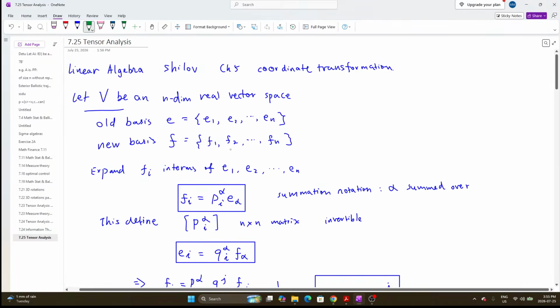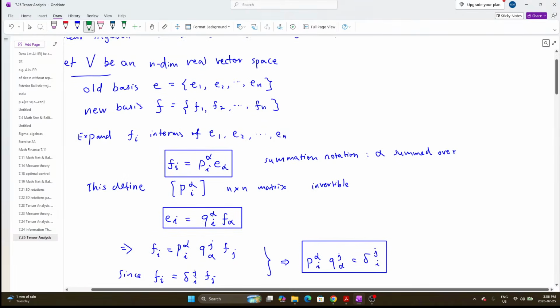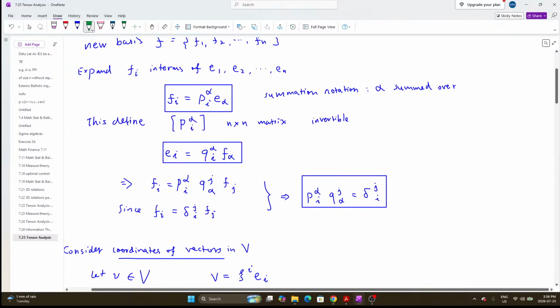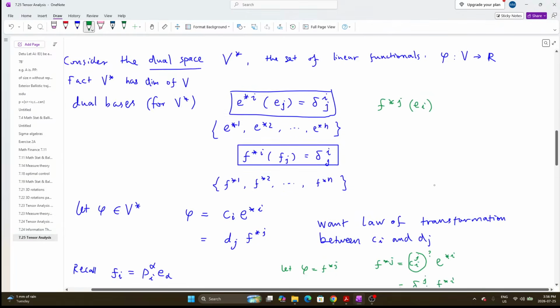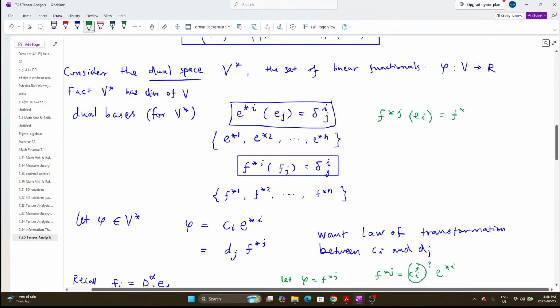We have the transformation formula earlier. ei is Q alpha i f alpha. Use the Q matrix, so Q should have an i downstairs, alpha upstairs. Yeah, Q alpha i f alpha.